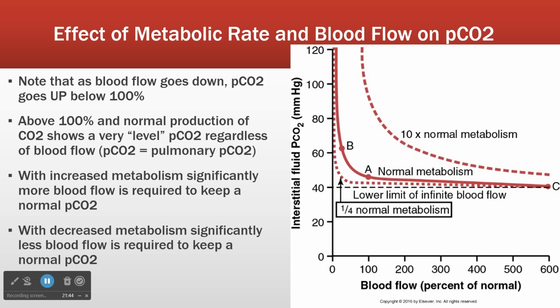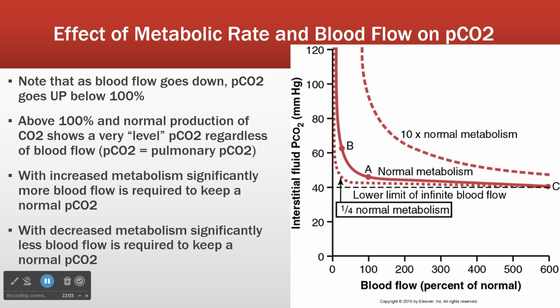Now, if you have a tissue that's at rest, we get the opposite effect. We need much less flow to keep the same PCO2. Because when a tissue isn't busy, it doesn't produce very much CO2, so it needs very little blood flow to stay in that 45 range.